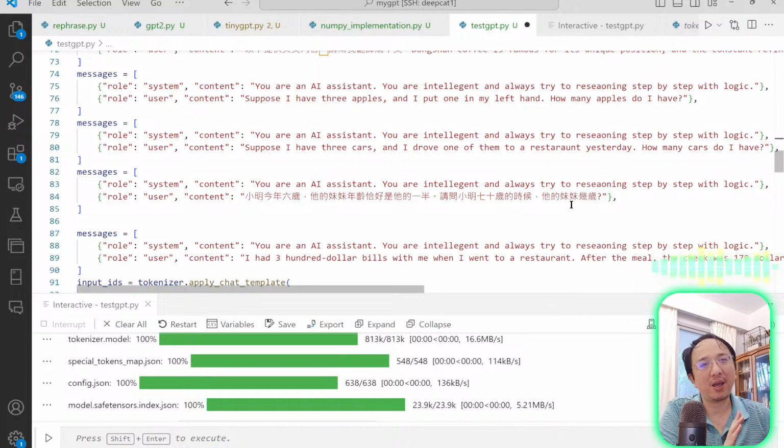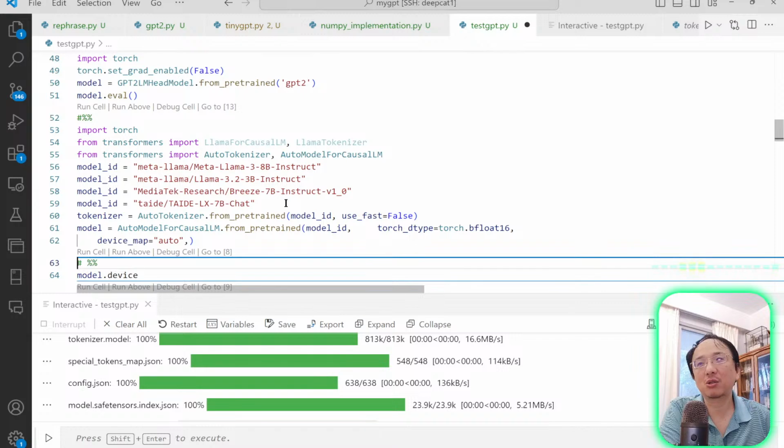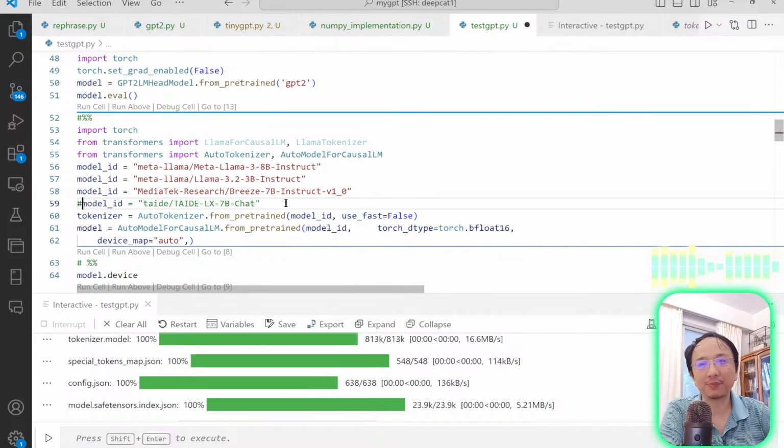It is supposed to be 67, but a lot of AI previously will answer something like 35 because they take the phrase 'his sister is half his age' literally. So let's see how the AI works for this trick question.